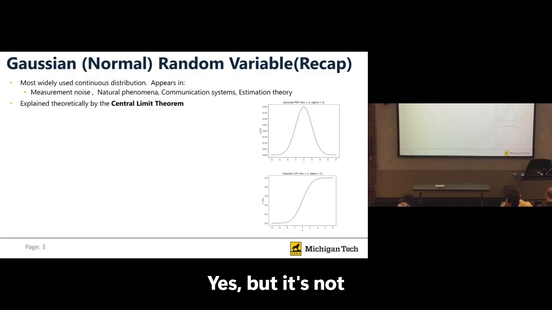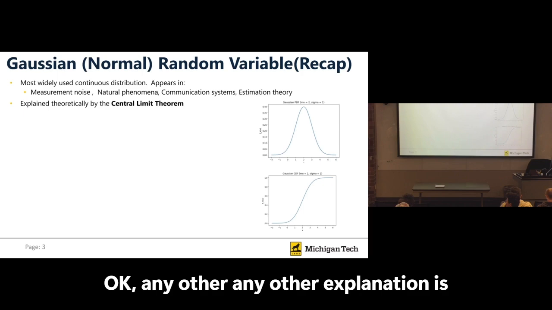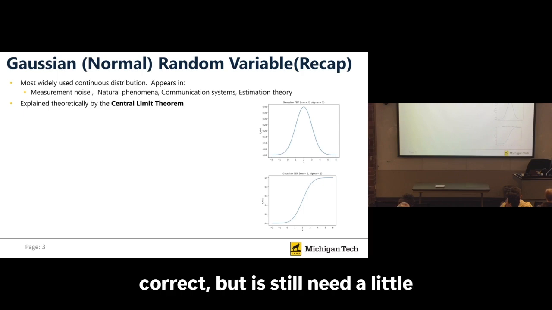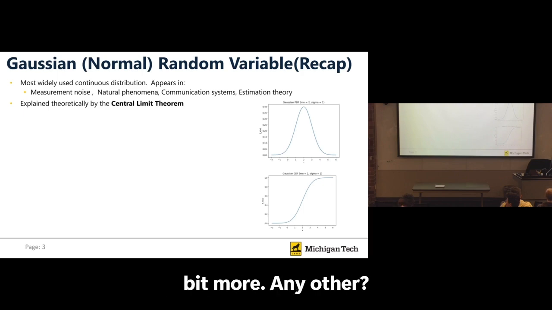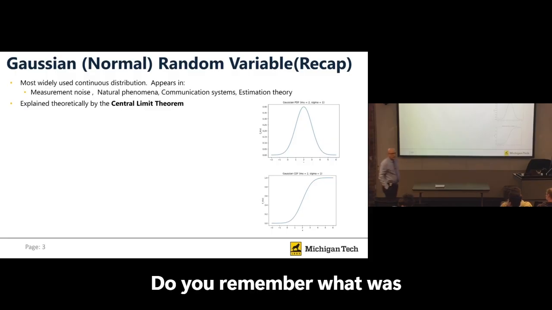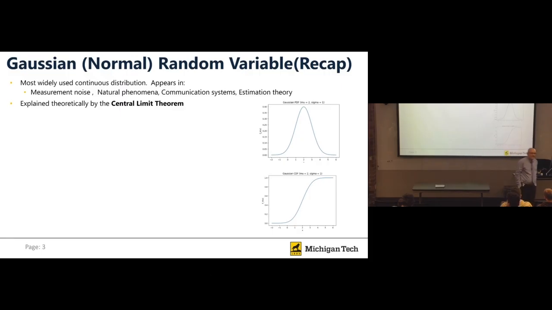Yes, but it's not precise. Enough what? Enough repeated probabilities, it will become a normal. Any other explanation is correct, but still needs a little bit more. Do you remember what the central limit theorem was?